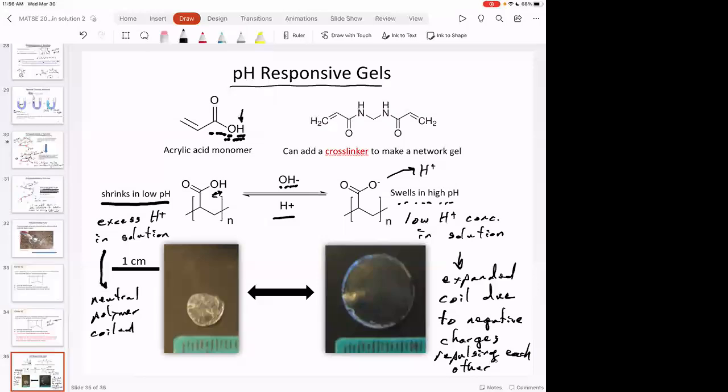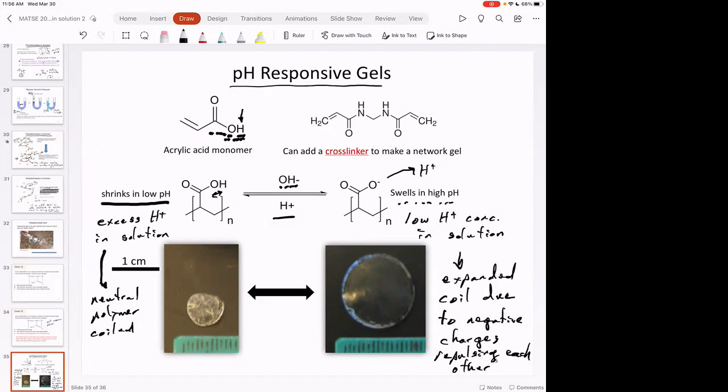And that's really cool because we can see that in these micrographs. So this is a little ruler with some millimeter markers. This is a pH gel that we take this acrylic acid and this crosslinker. So the degree of functionality of this thing is 4, right? The degree of functionality of this thing is 2. So we put this together and we make a polymer gel or a solid piece of polymer when we polymerize that.